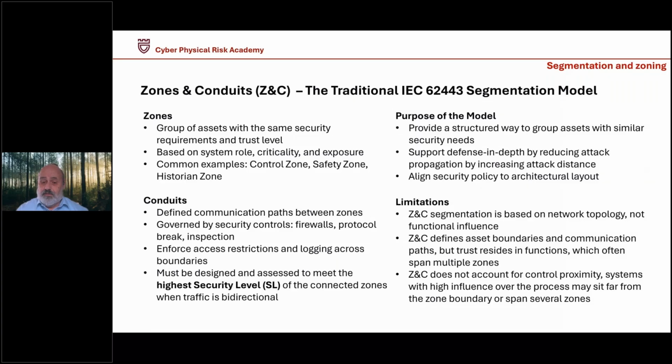And like the statement here says, functions typically reside in multiple zones. A very important parameter I will discuss later on, when we come to control-centric segmentation, is control proximity. Control proximity is the parameter that measures the impact a particular function can have on the process.